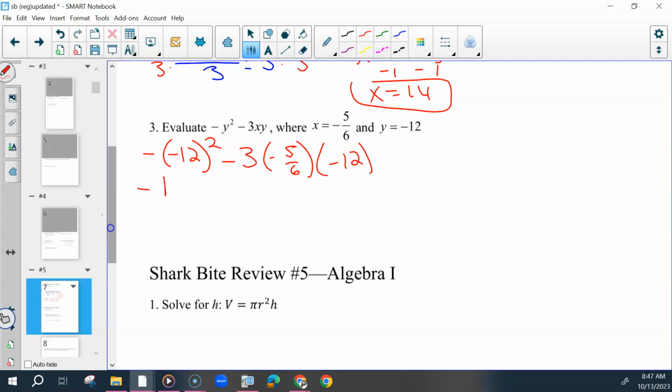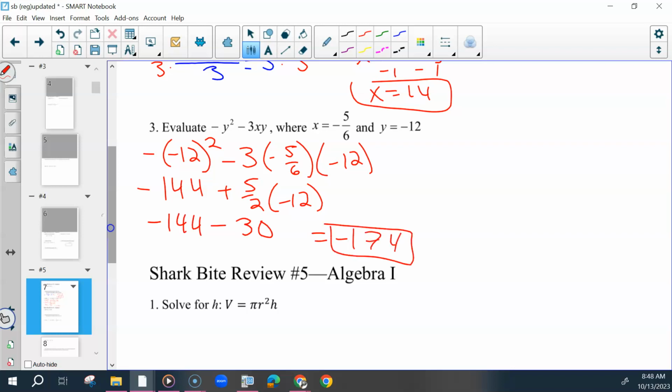This would be negative 144 plus, because this is going to give us a negative, positive, 15 over 6, or 5 halves, times negative 12. If I multiply these two together, I would get negative 60 over 2, which would be negative 30. And then if I combine these two, negative 172. Questions on that?